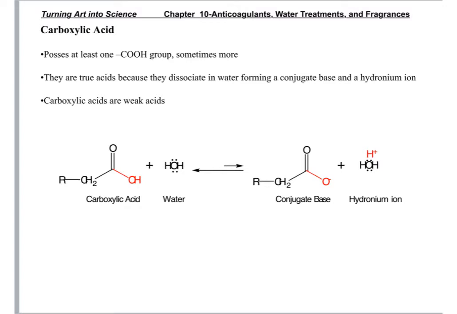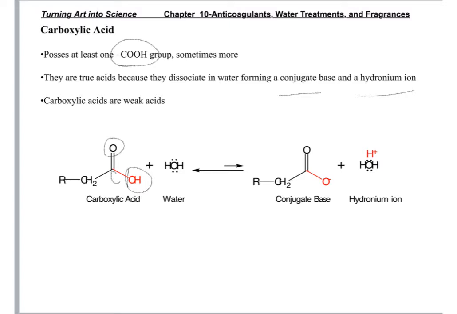So carboxylic acid has that COOH group. Remember here we've got a C, and then here's one O, and here's your OH that's attached to it. They are true acids because they dissociate in water, so they're soluble in water. They can form a conjugate base and a hydronium ion.